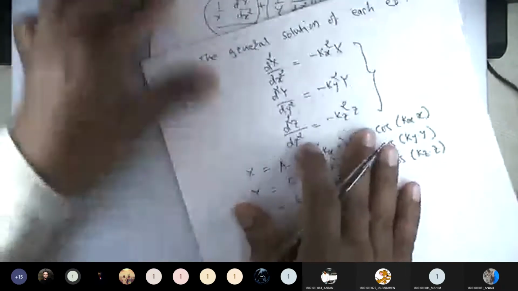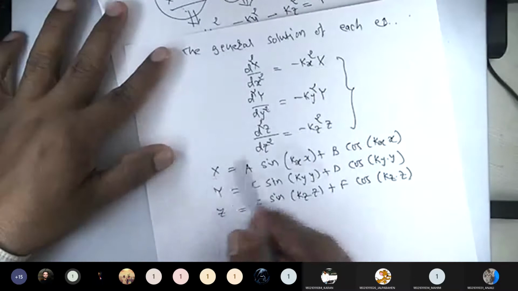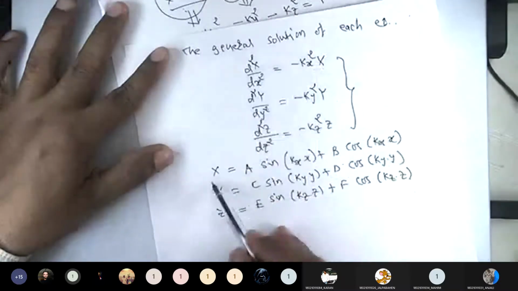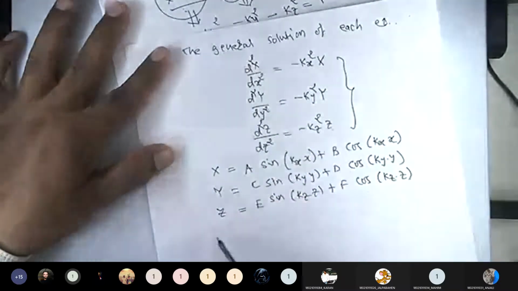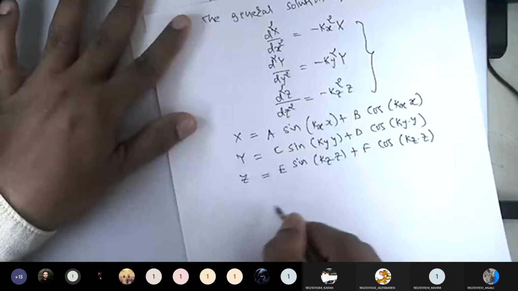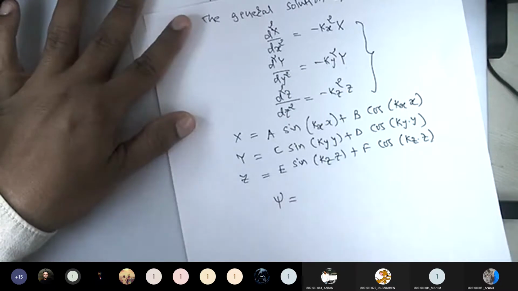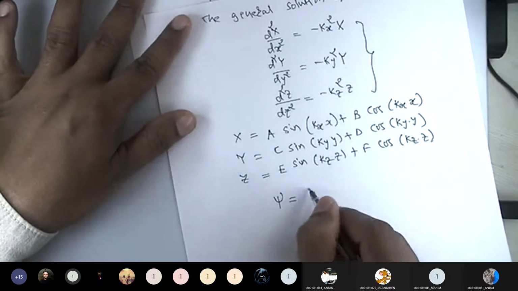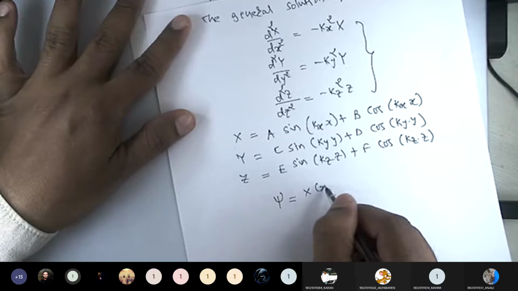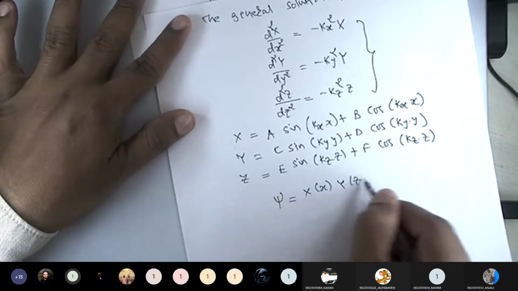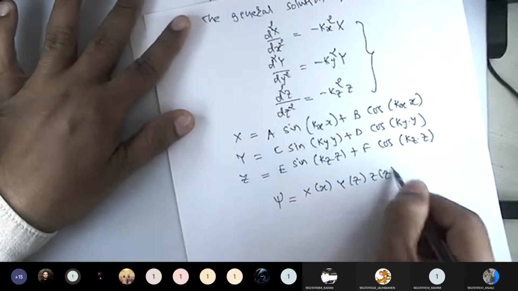So I can consider this as the solution of the individual functions X of x, Y of y, and Z of z. Ultimately, our objective was to find the psi, and now we know the functions. The solution is nothing but X of x multiplied by Y of y and Z of z.